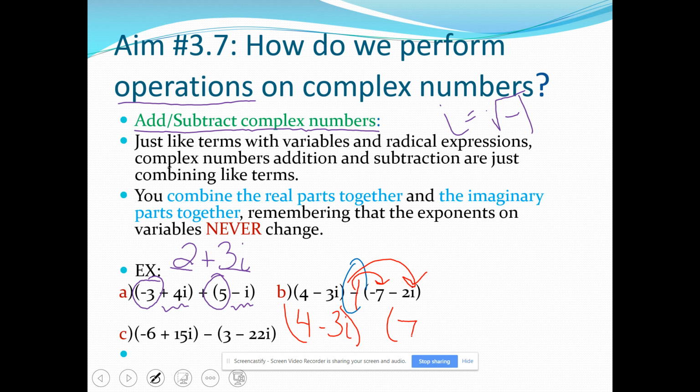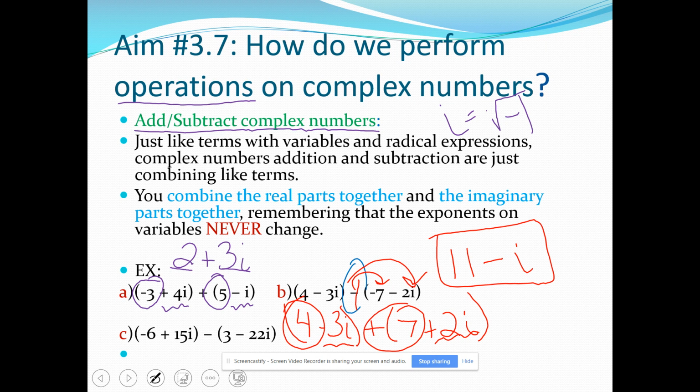So that becomes a +7 and a +2i, and now I'm adding in the middle. Now my like terms are 4 plus 7, which is 11, and -3i plus 2i is -1i. And so that would be my solution for example B.